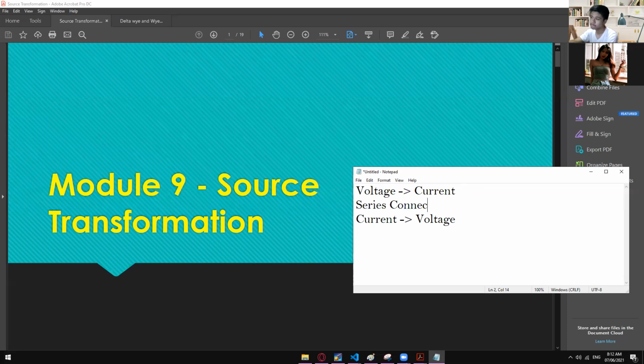So when it comes to voltage, before you can transform that into current, you need a voltage and then a resistance, because I is equal to V divided by R. So this voltage and resistance must be in series with each other.